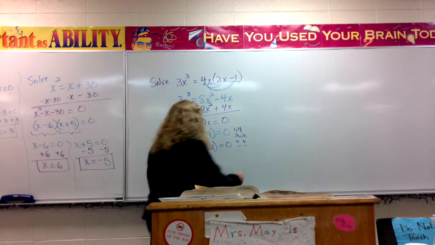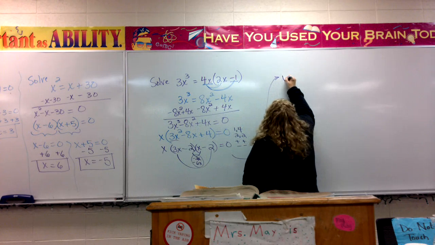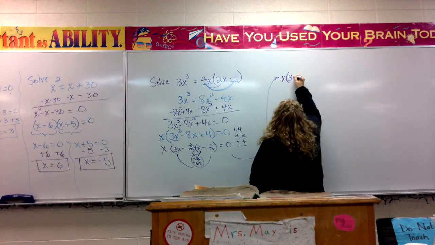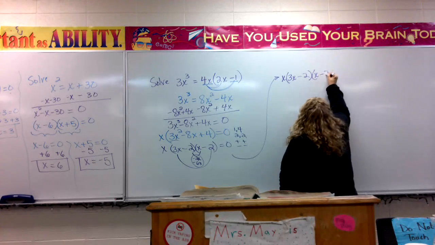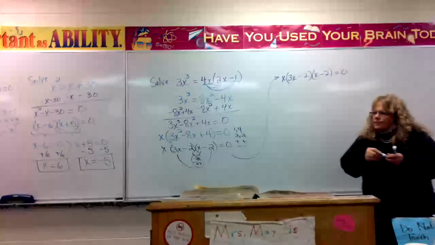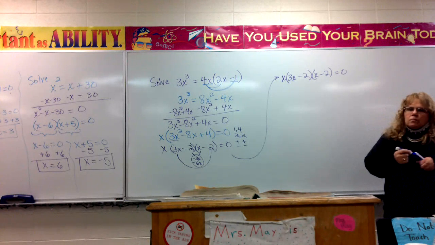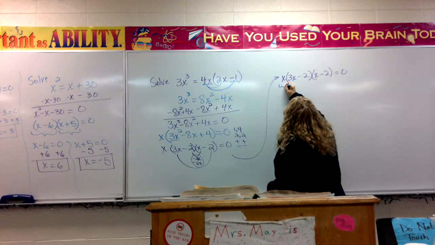So, if you don't mind, I'm going to rewrite it over here just so I can see it: x times 3x minus 2 times x minus 2 equals 0. That's what we have down at the bottom right there. Now, how many things are we multiplying?